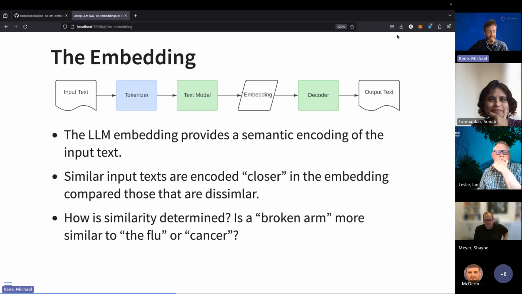So there's this weirdness to think about: the model comes up with these relationships based on semantic similarity, and that's all based on the model, and the model comes from the text that was used to train it.